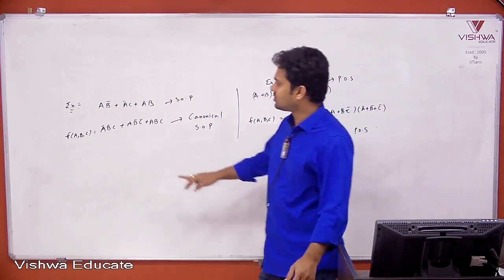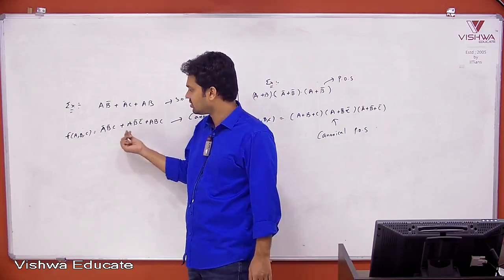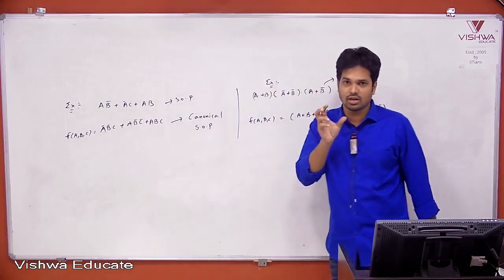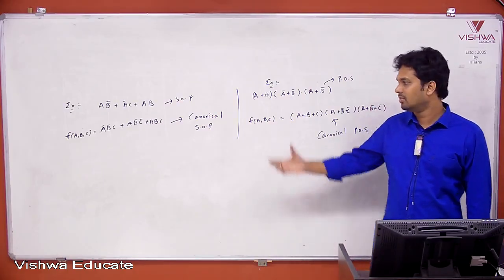So if it is 3 variable, this is correct. If it is a 4 variable, I should get all the 4 variables in each term. Okay. So each term should contain all the variables in the normal or complementary form. Okay. Please copy these examples.